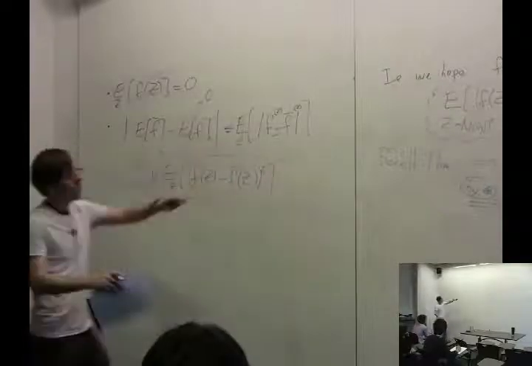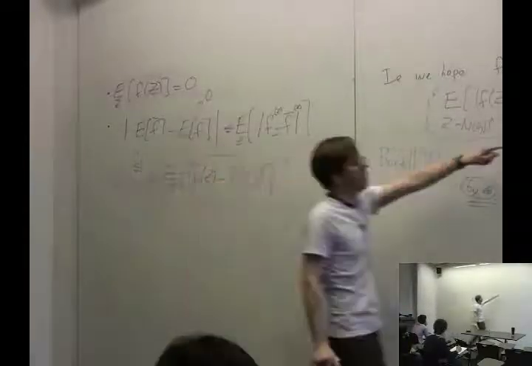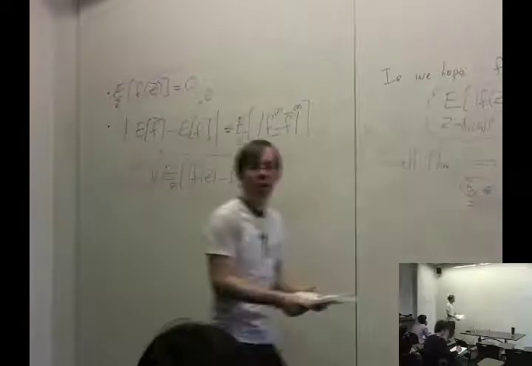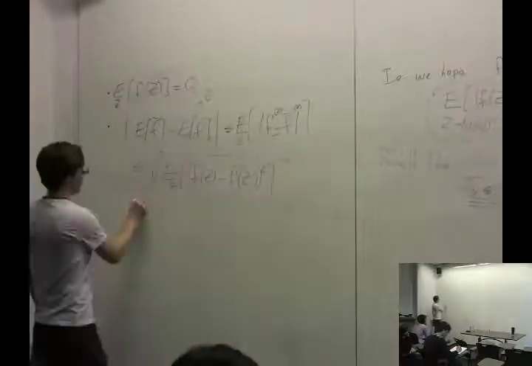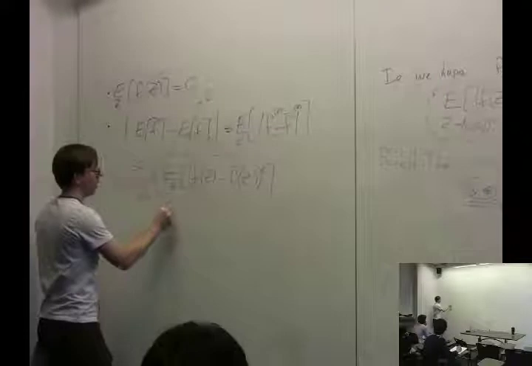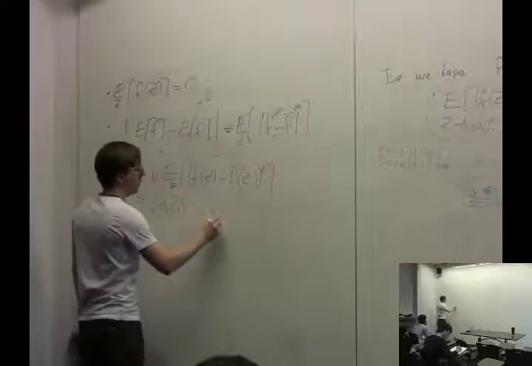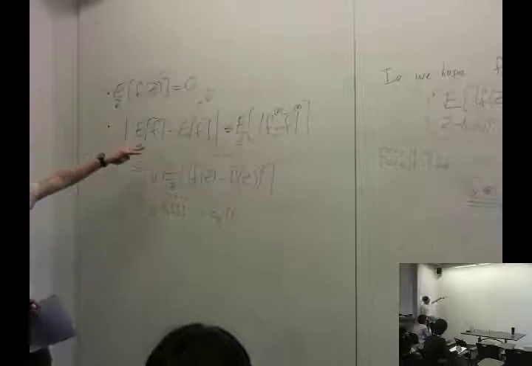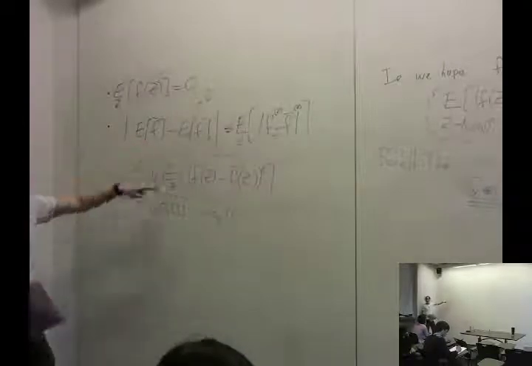And that, assuming we get to star, is indeed some little o of 1 quantity, little o with respect to epsilon. So this is at most the square root of little o of 1, which is also little o of 1. This little observation shows that indeed f bar's mean will be almost 0.